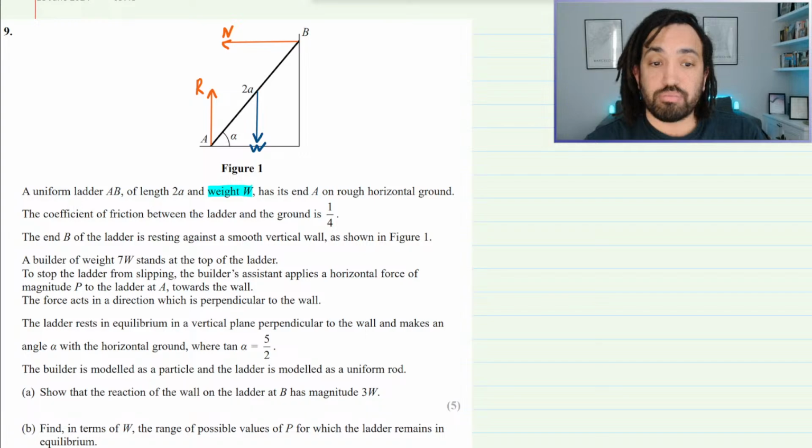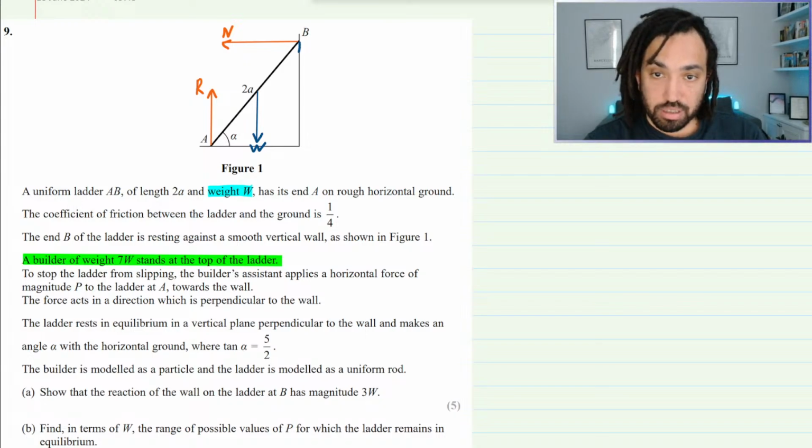Okay, what else do we have? We have a builder, weighs 7W, stands on top of the ladder. So you're going to come down like this, that's going to be 7W.